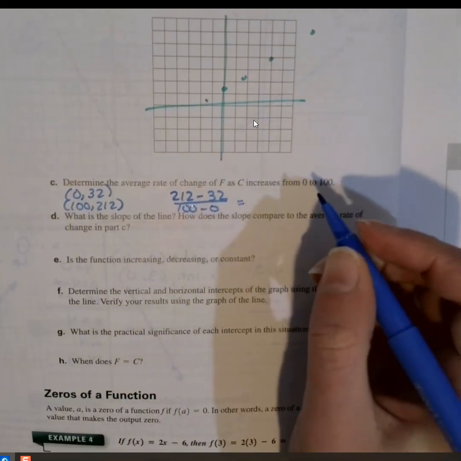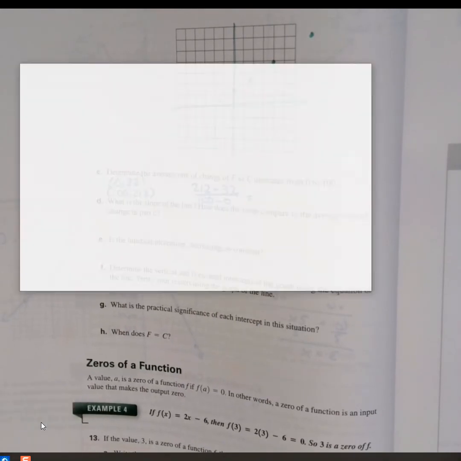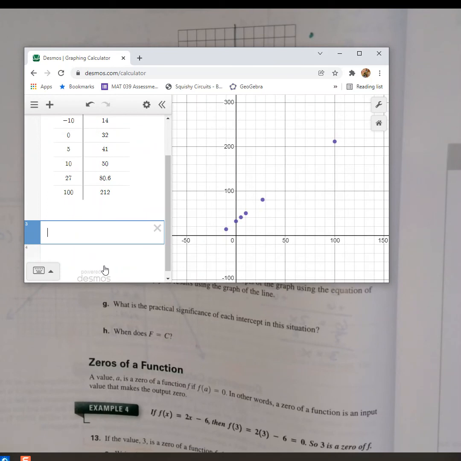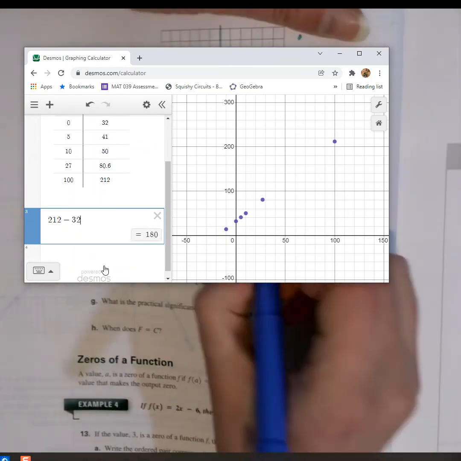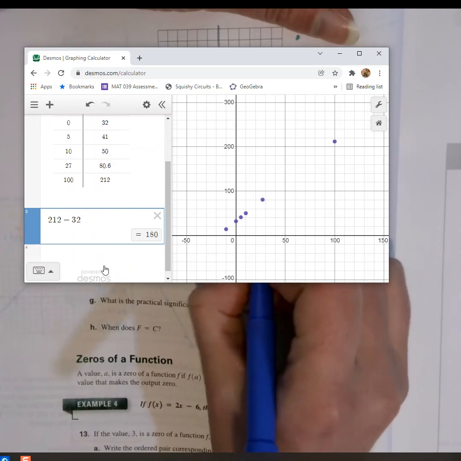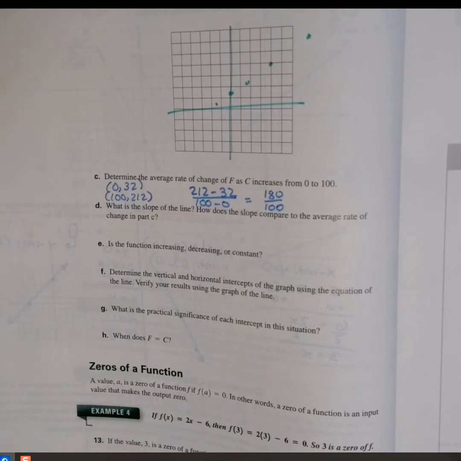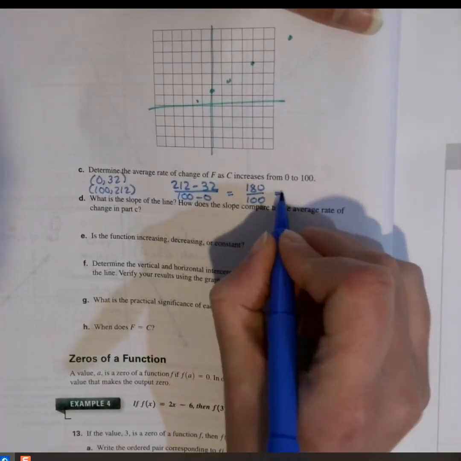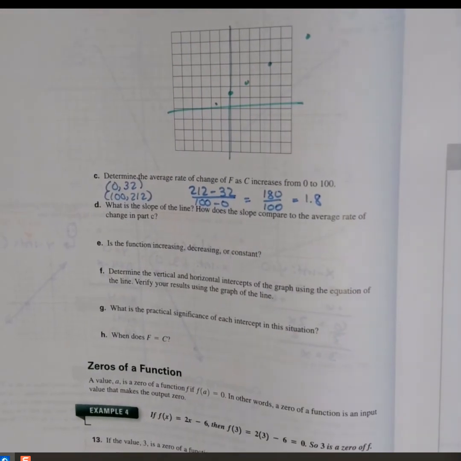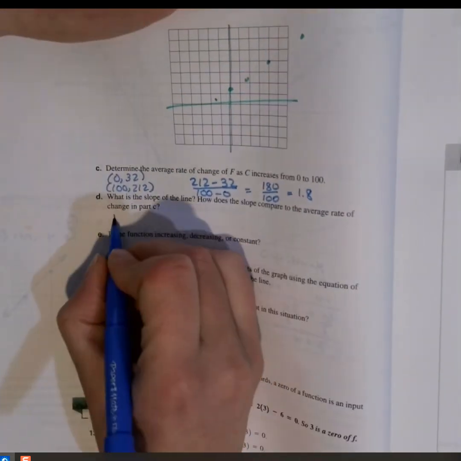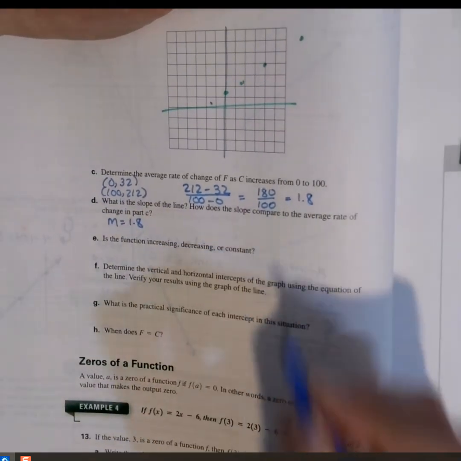So 212 minus 32, let's go ahead and do the computation. That's 180 divided by 100 minus 0, which is 100, and 180 divided by 100 is 1.8. What is the slope of the line? So the slope of the line is 1.8. And how does this compare to the average rate of change? Same thing.